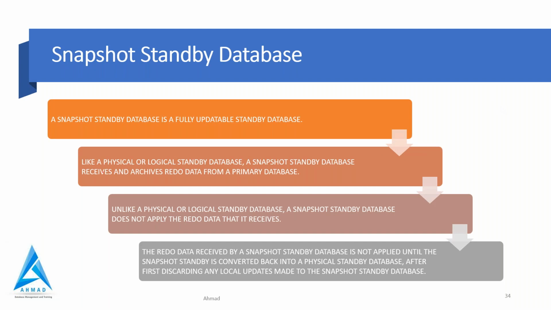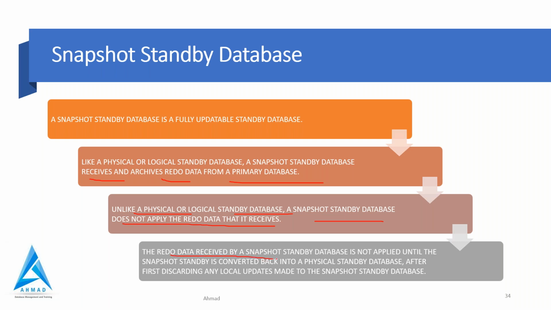So a snapshot standby database is basically a carbon copy of the physical standby, and it is fully updatable. A snapshot standby database receives and archives redo from a primary database. But unlike a physical or logical standby, a snapshot standby does not apply the redo data that it received.